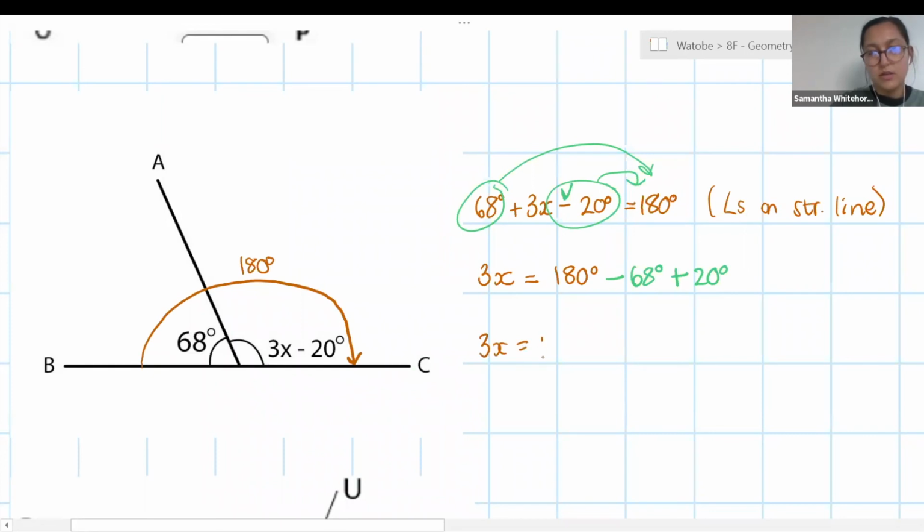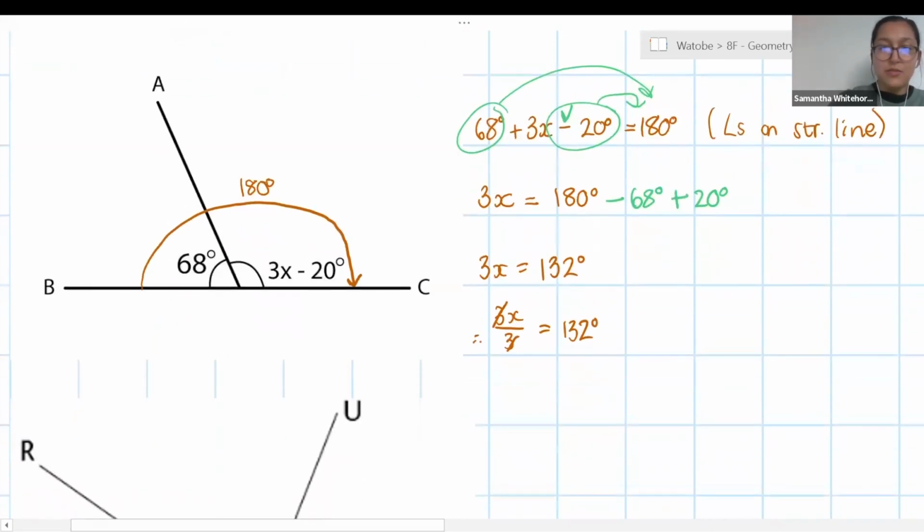X equals. From this point, I know I have to divide both sides by 3 because remember, I just want the x. And when we say 132 divided by 3, I get that x is equal to 44 degrees.